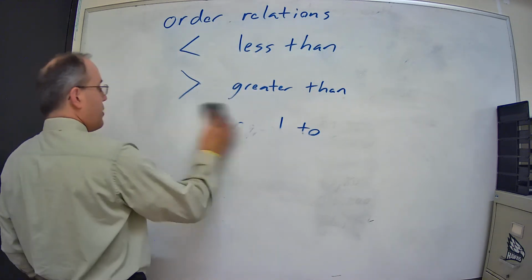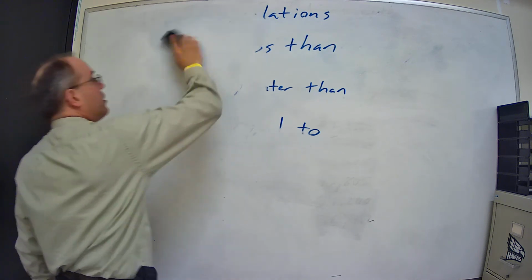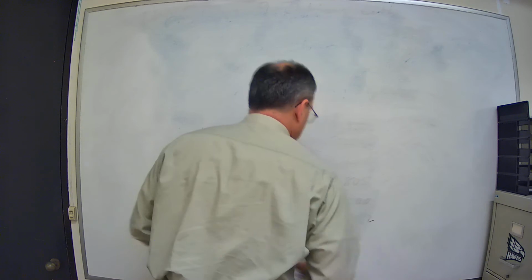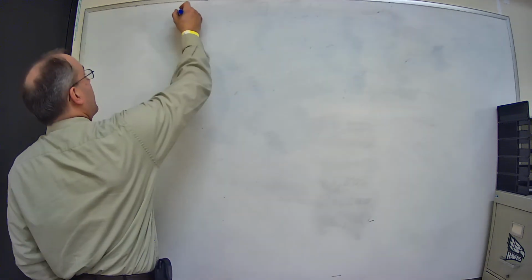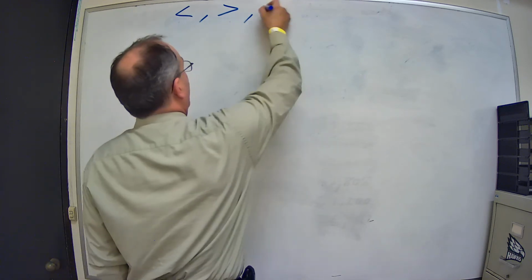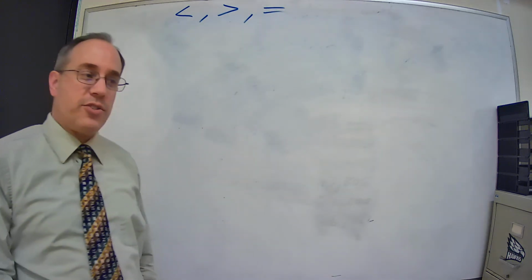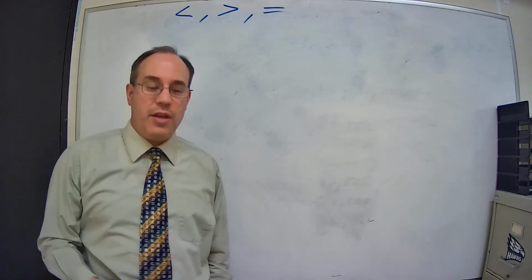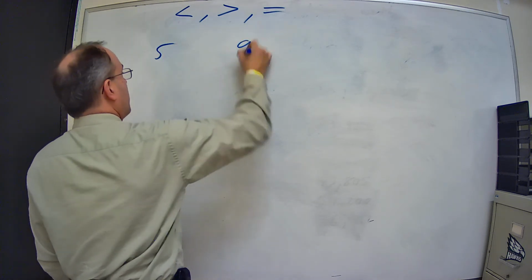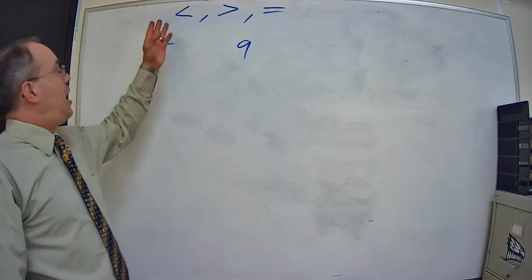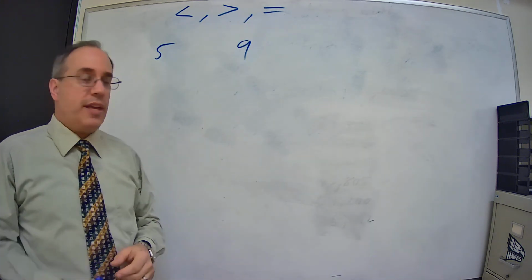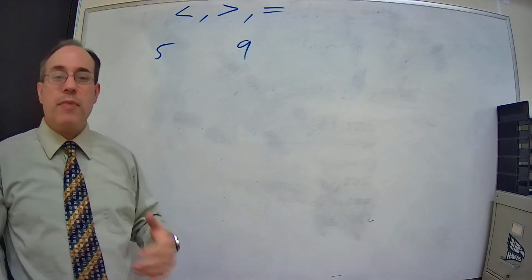So let's determine which of those order relations to put in place for some pairs of numbers. Let's just remember we could have less than, greater than, or equal to. Those are the three options. What if I have the numbers 5 and 9, and I say, put one of these order relations in between to make it a true statement?